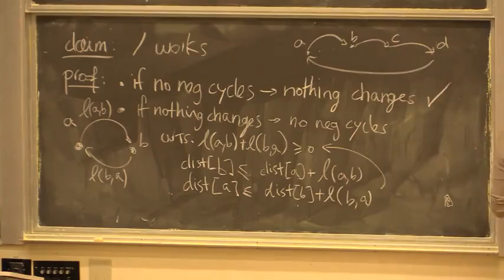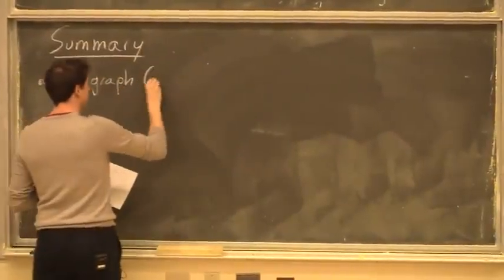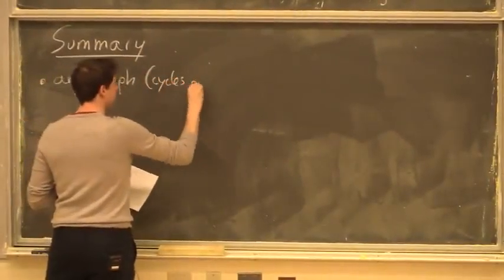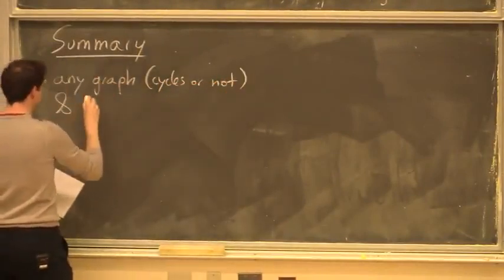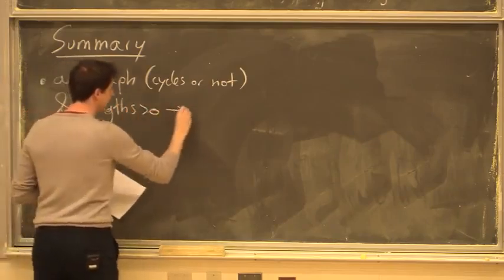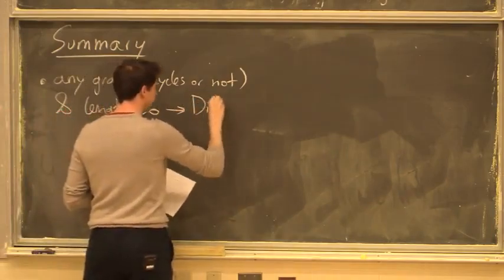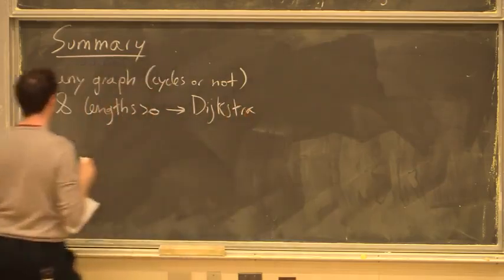So as some sort of summary, right? First, if you have any graph, with cycles or not, and the lengths are positive, then you're going to run Dijkstra. Okay?